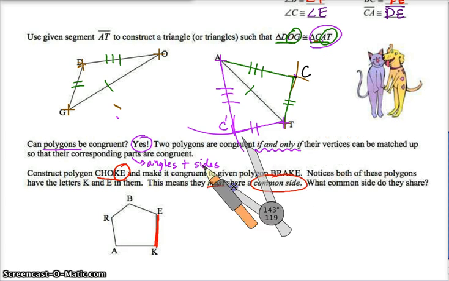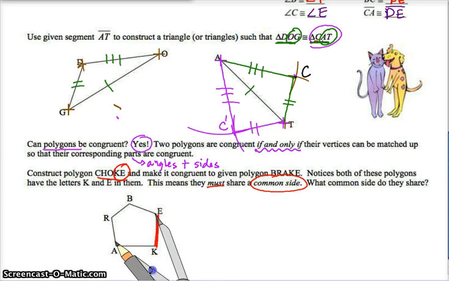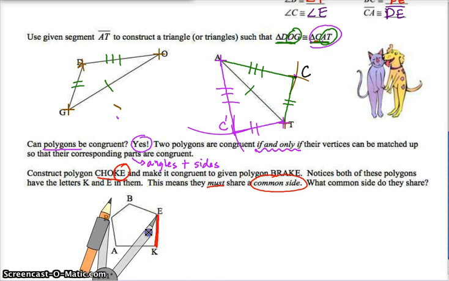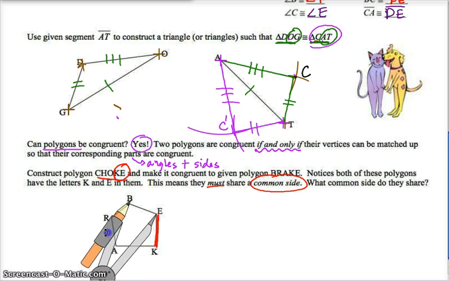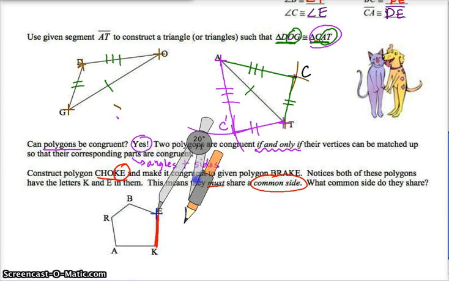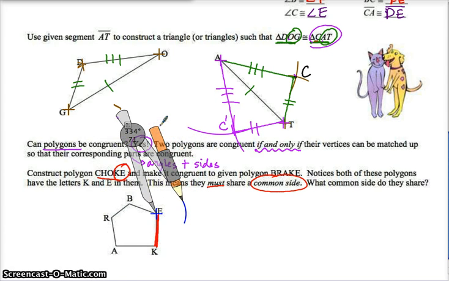I'm going to take my compass. I'm going to open here to letter E, and I'm going to measure from B to E. And I'm going to scoop around and I'm going to try to make that mark out here. But remember, you can't do a point. We don't know where it is on this point, so we have to have another point of intersection.